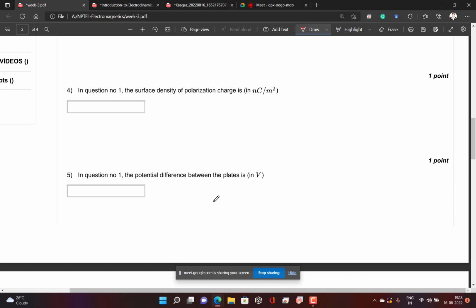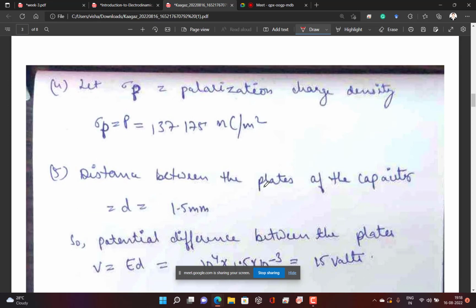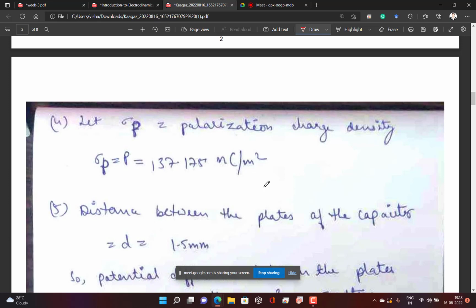So in question number 1, the surface density of polarization charge is asked to us. Let's say that sigma P is the polarization charge density.